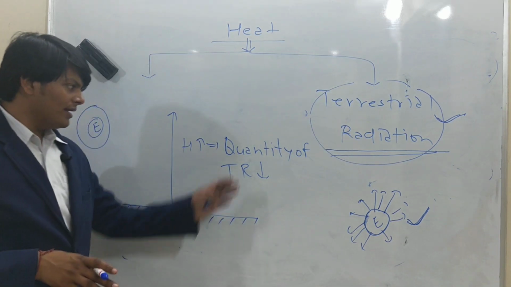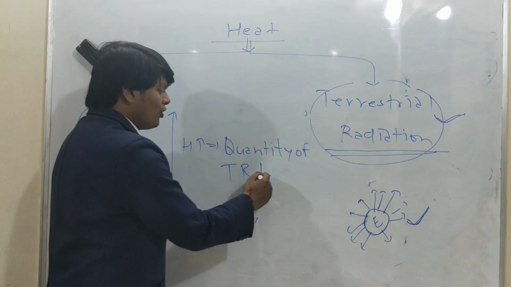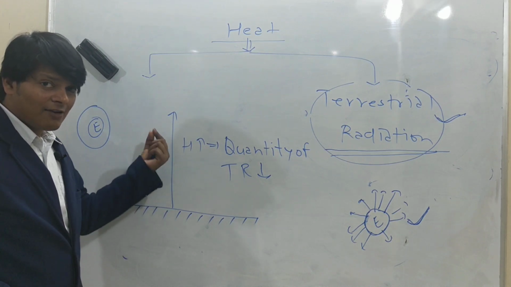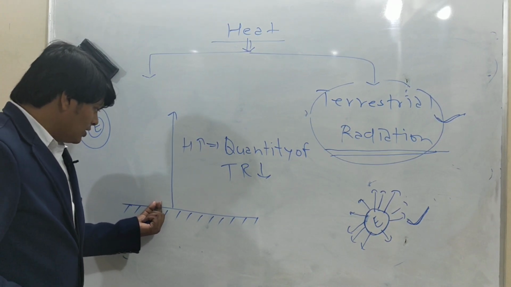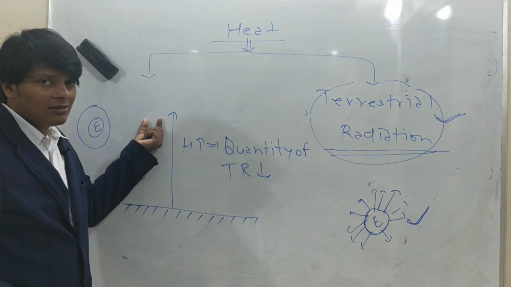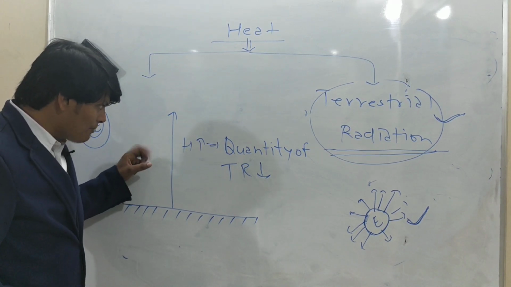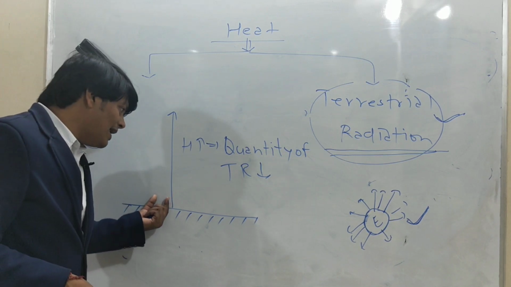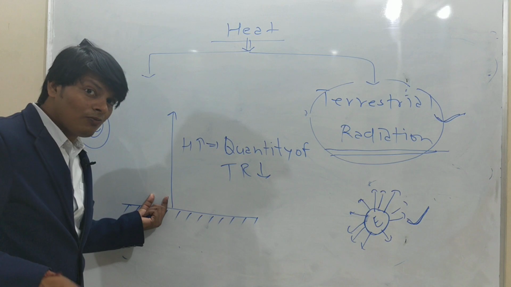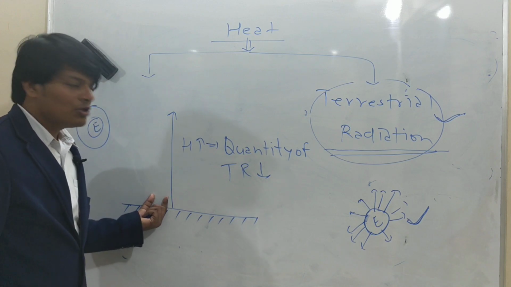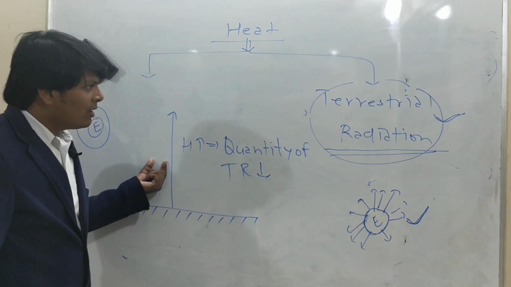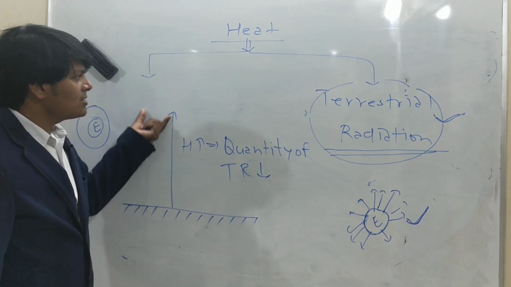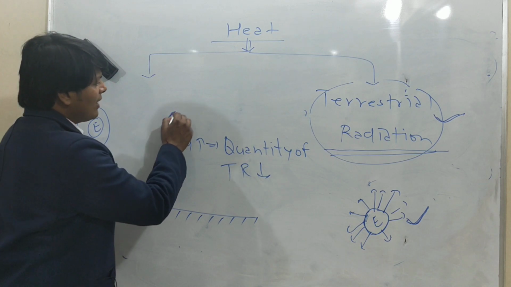It will decrease. Why? Because terrestrial radiation is the radiation emitted by the Earth's surface. As it goes upward from the surface, the gases absorb this heat, and the gases close to the Earth's surface absorb more heat. So the quantity of terrestrial radiation decreases going to the upper layers of the atmosphere.